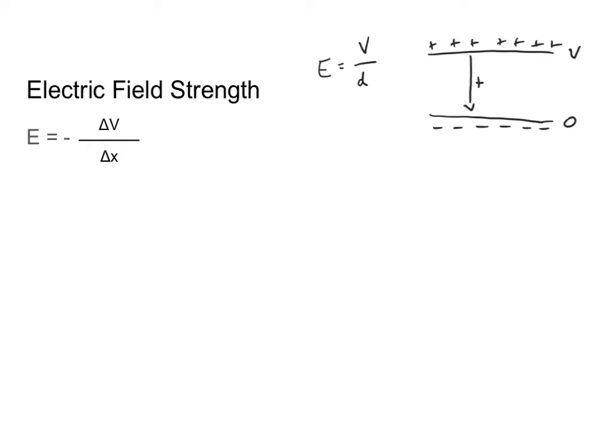What that means is that traveling in the opposite direction of my electric field is going to give my charge more potential. So that is why we're going to introduce this negative sign here. My electric field is going to equal negative delta V over delta X, or the negative slope of my voltage versus position graph.